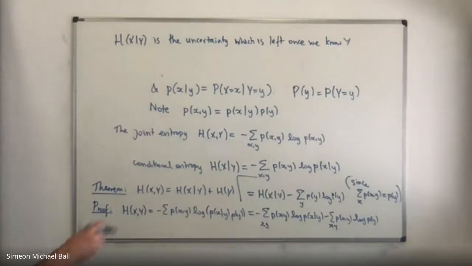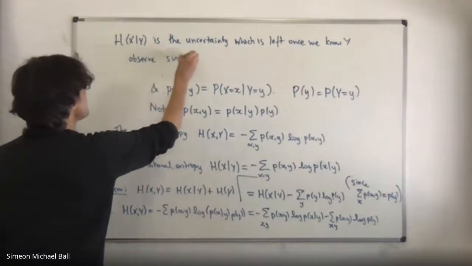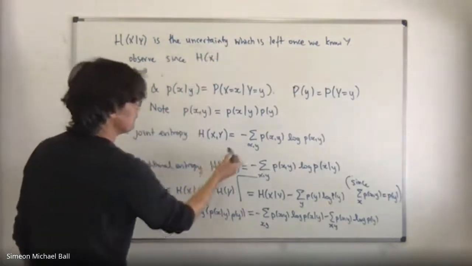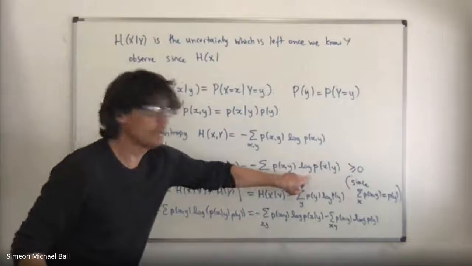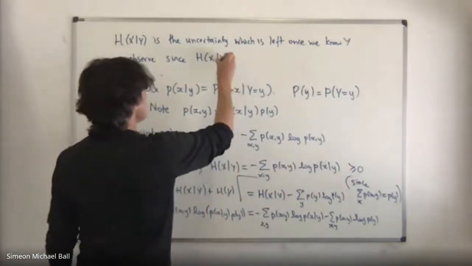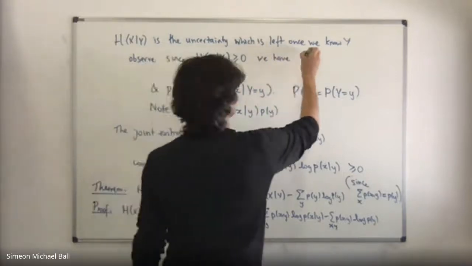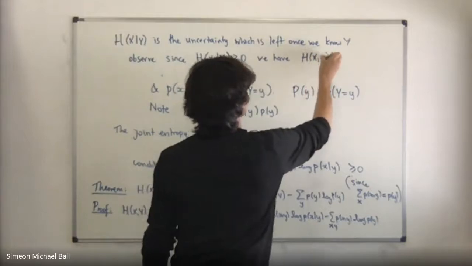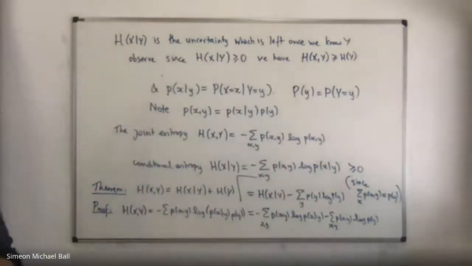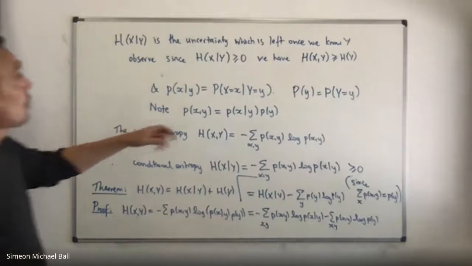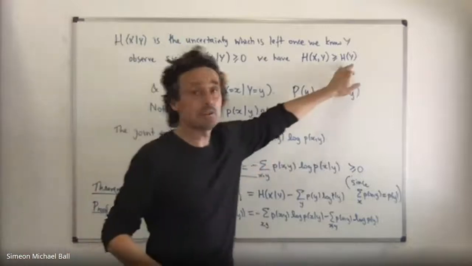And so you can think of it like that. And an important observation here: since this is certainly positive by definition, and all the terms on this side are negative, we have H(X,Y) greater than or equal to H(Y), which in some sense makes sense because we're more uncertain about the joint distribution of X and Y than we are about simply Y on its own.